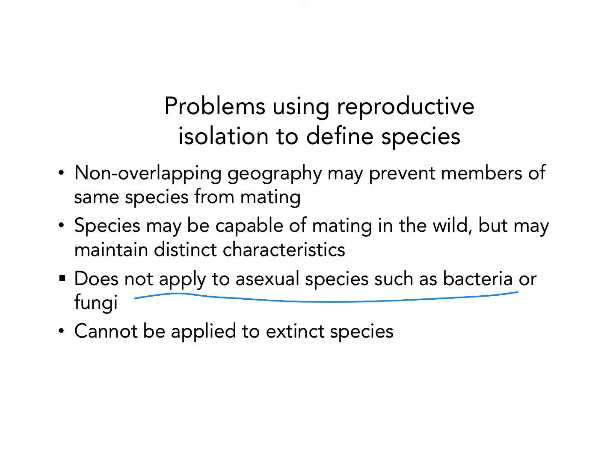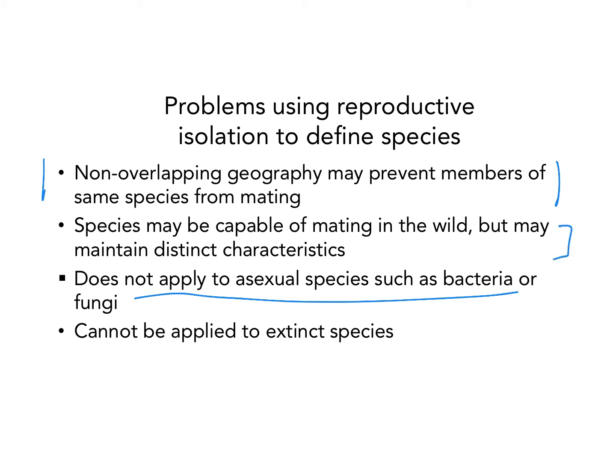You also have the problem that some of these species don't overlap in terms of their habitat or geographic distribution, so you can't tell whether they might actually mate. There are some Drosophila species that don't overlap and won't mate in the wild, but you put them in the lab and they do.